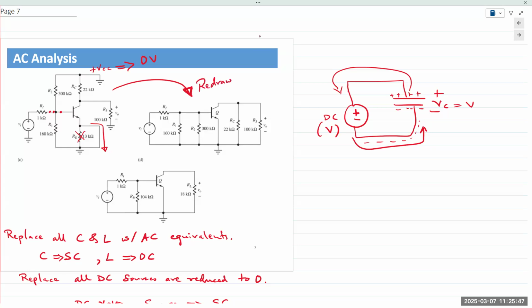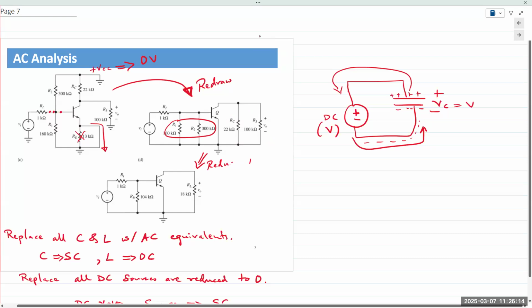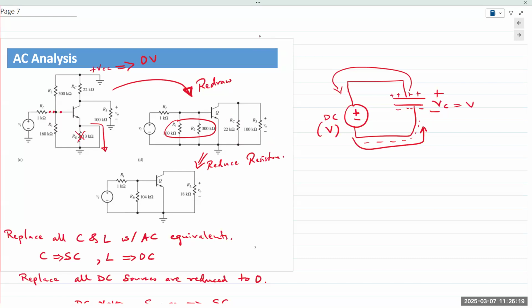RC becomes parallel to the output resistor R3, so RC and R3 are in parallel. And because at the top we have a short, R1 and R2 are also in parallel. Reduce the resistances, and you get the simplified model that is shown here.